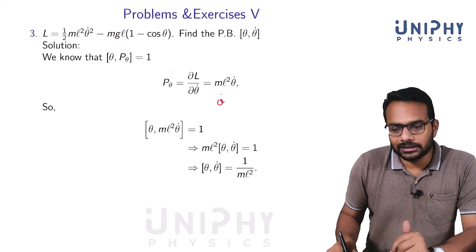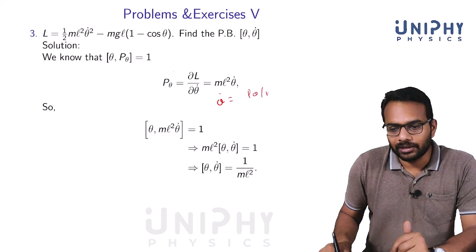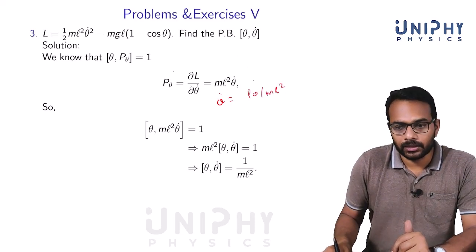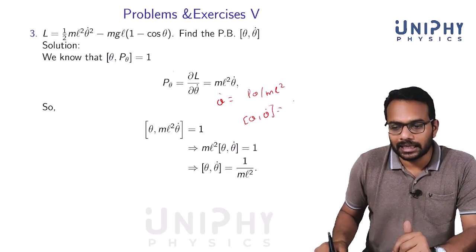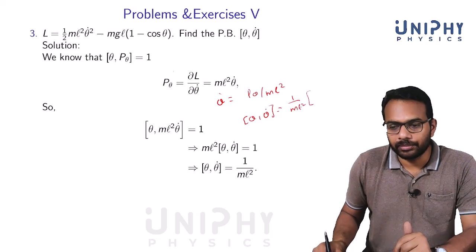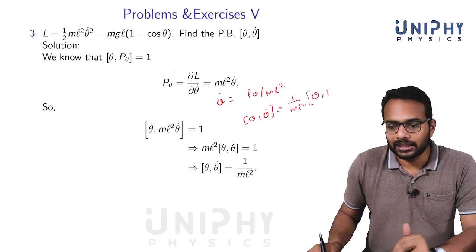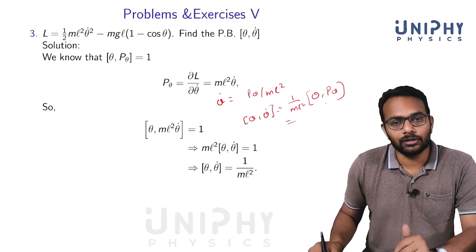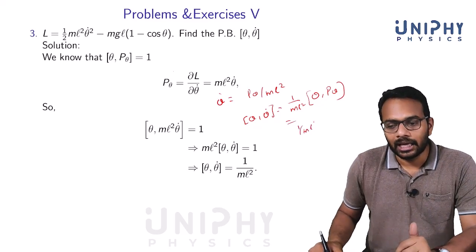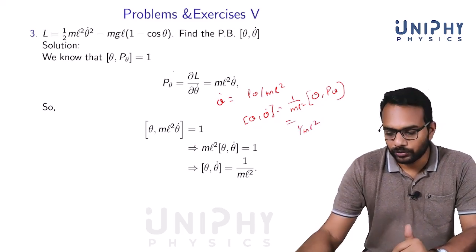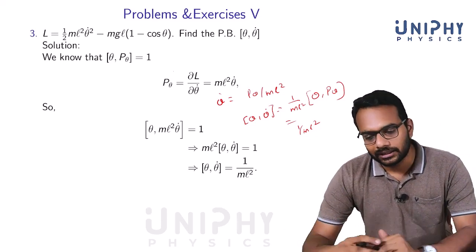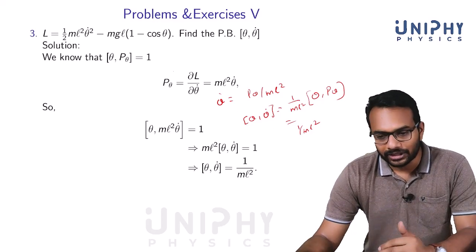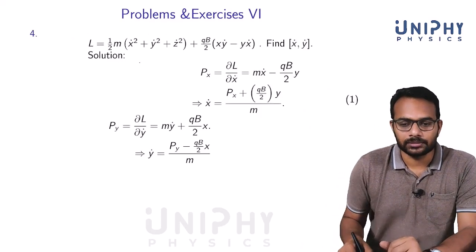Theta with theta dot is actually equal to 1 by ml square, which can be pulled out of the Poisson bracket, and theta with p theta. Theta with p theta is 1, so this is 1 by ml square. That's one way of doing it. The thing in the notes is slightly different, so I just want to demonstrate that there are so many different ways to solve such problems.